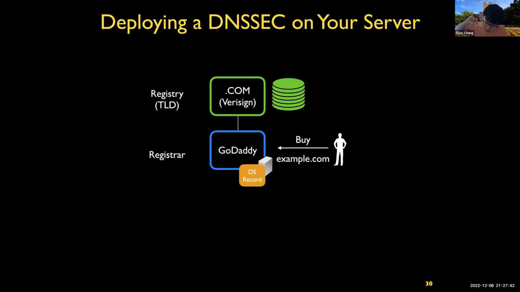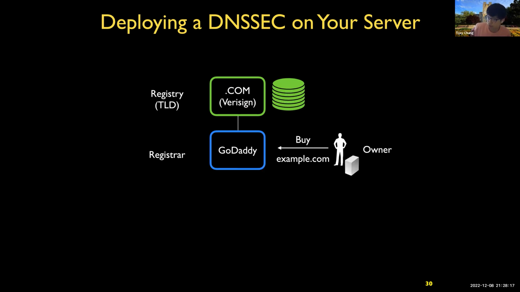Please recall that after you generate a DS record, you have to upload it to your parent zone. So if your domain name is a second-level domain name, example.com, it means you have to upload this DS record to .com. In that case, GoDaddy has the ability to access the database managed by the registry, so it can simply upload the DS record to the registry.